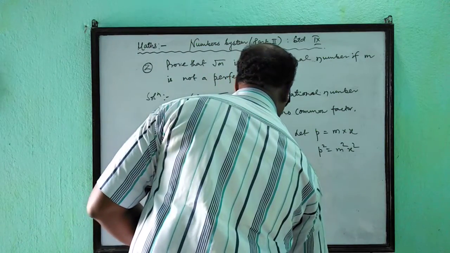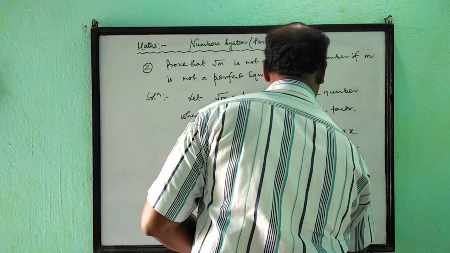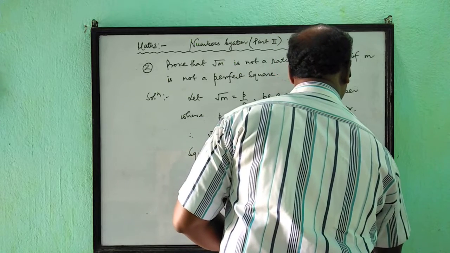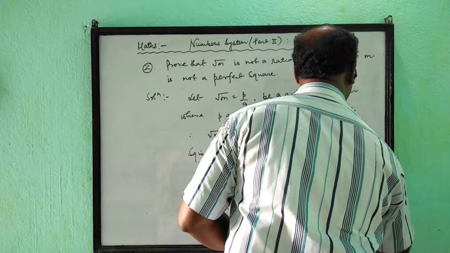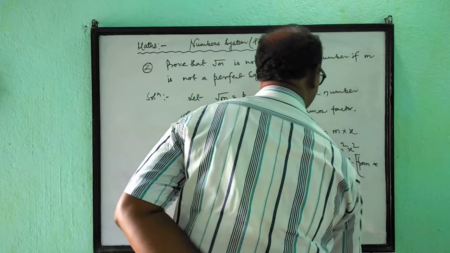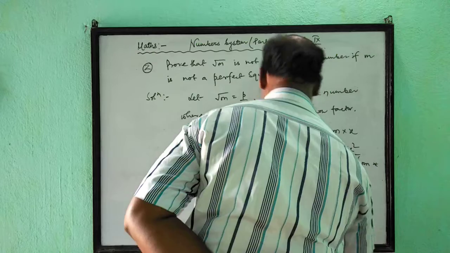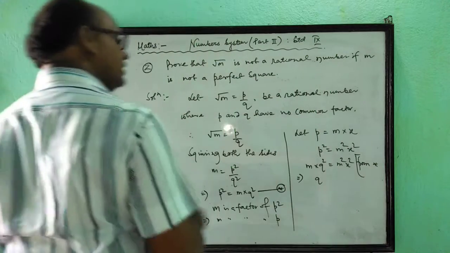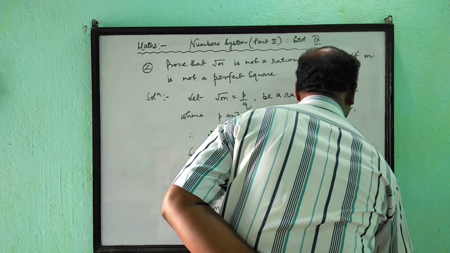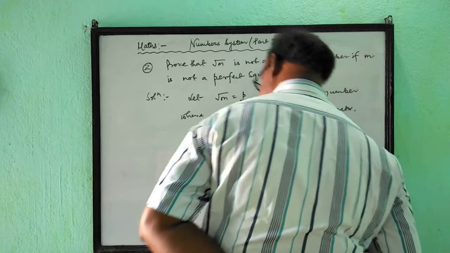Here, p square equals m into q square from the start. This implies q square equals m square x square by m, equals m x square.